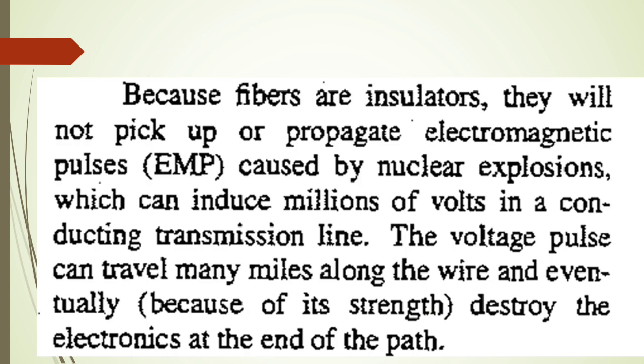As fibers are insulators, they do not pick up electromagnetic pulses. And the electromagnetic pulses are caused by nuclear explosions. These electromagnetic pulses can induce millions of volts in a conducting transmission line.